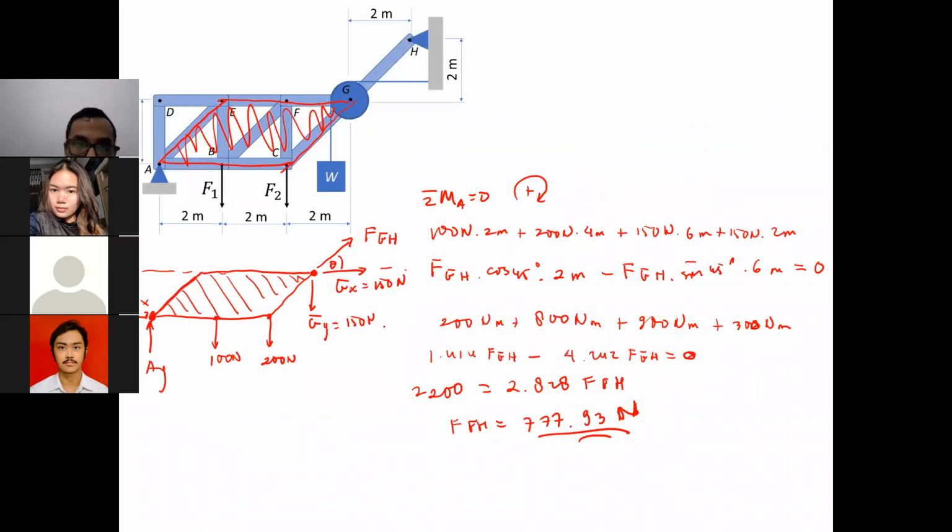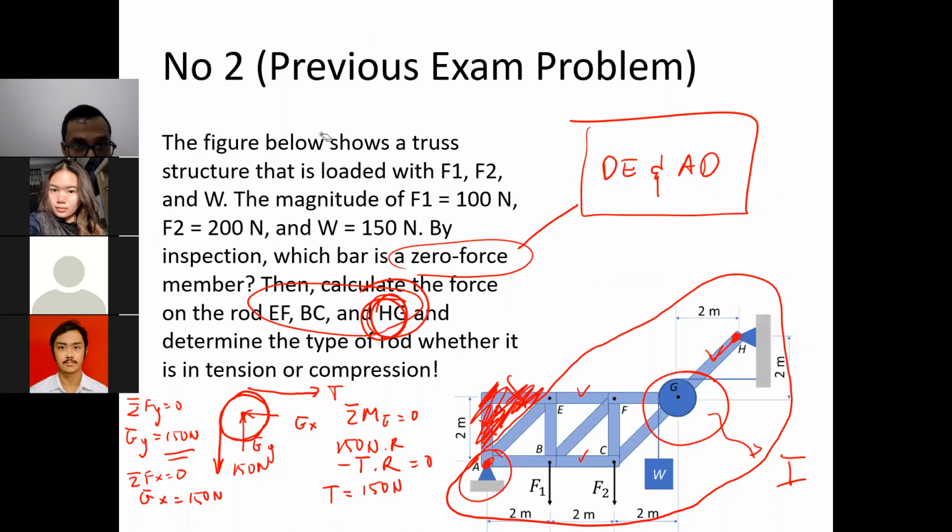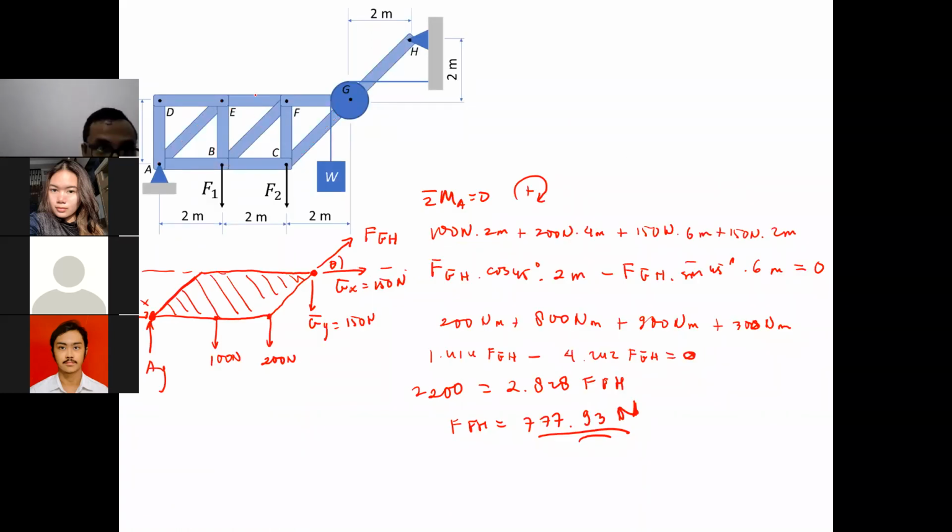AX and AY, do we have to solve it or not? The next one that we have to solve is EF and BC. Sorry, BC is horizontal, the one at the bottom.